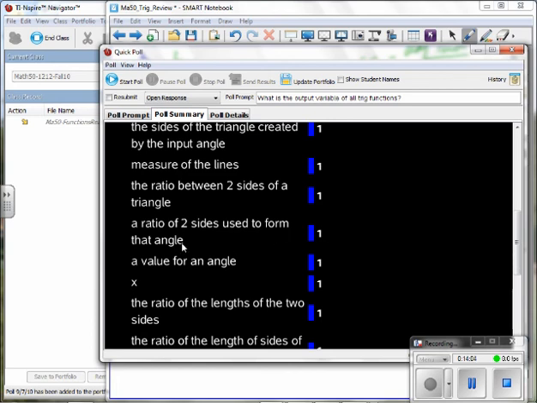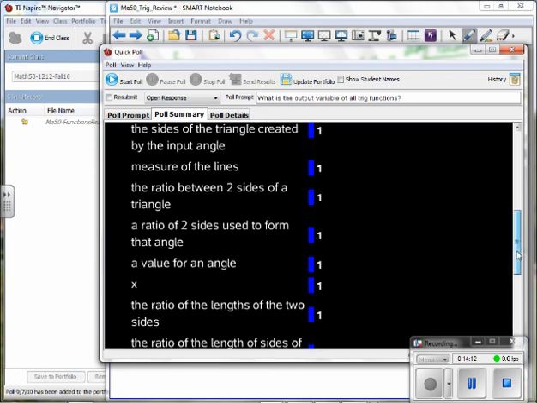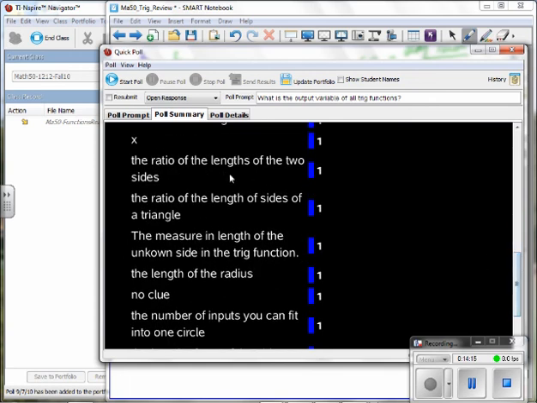Ratio of two sides used to form that angle, no. It could be the opposite side value, no. That's the input. X, what does X represent? Absolutely meaningless, so please don't use that. Ratio of the lengths of two sides of what? Be specific, of a right triangle. Same thing here, measure and length of the unknown side. I don't know what we do with that, because we have to have two sides of the triangle in order to have a ratio.